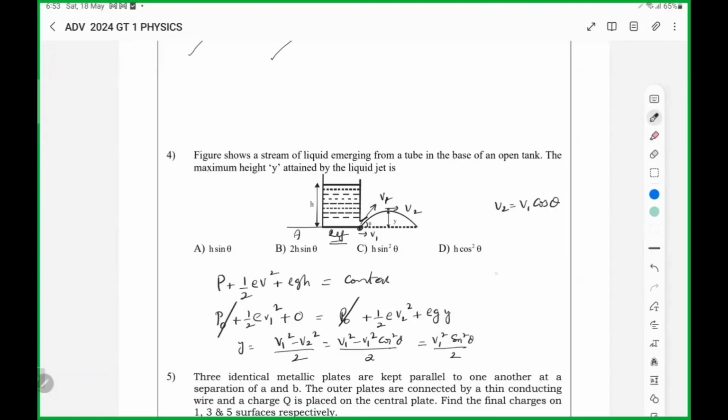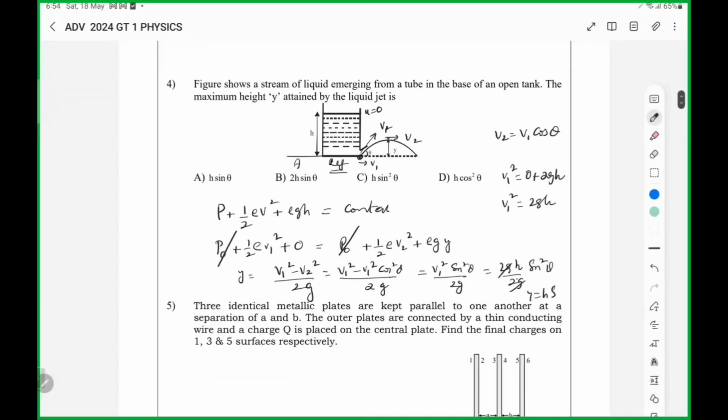Here V1 square is nothing but, with initial velocity 0, 2gh. So Y is 2gh sine square theta by 2g. So what we get is Y here is h sine square theta.